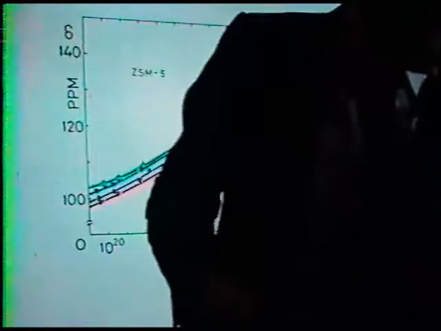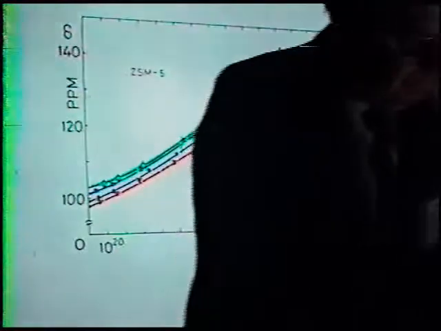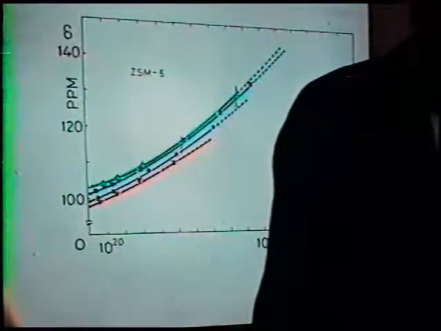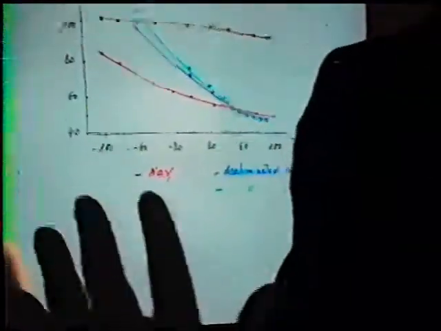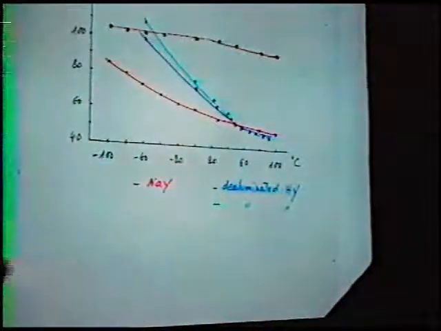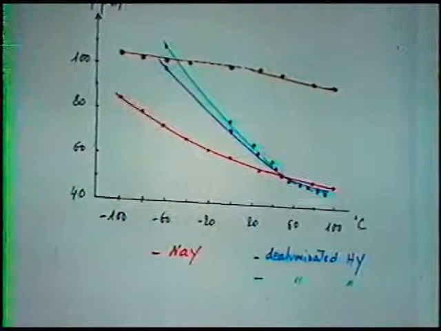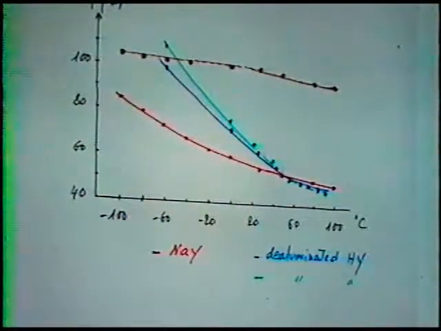So what is the best temperature for the calibration? This is the variation of the chemical shift at zero concentration against the experiment temperature. If we want to study mainly the structure of the zeolite, we have to work above about 20-25 C degrees.